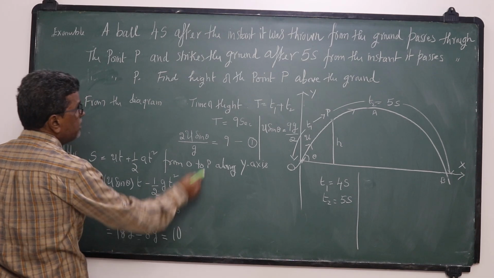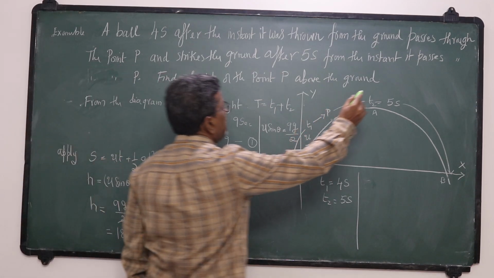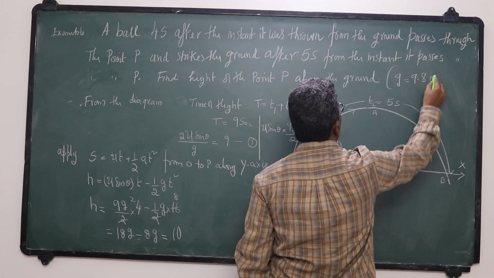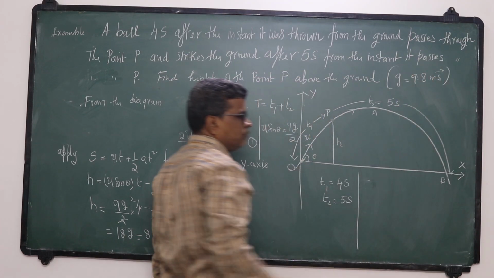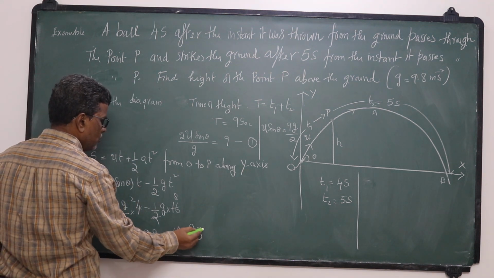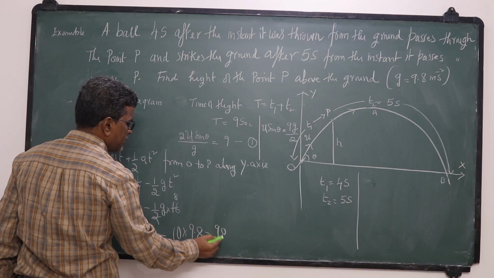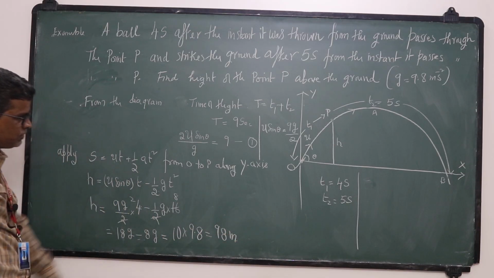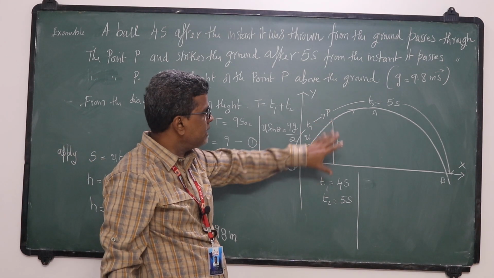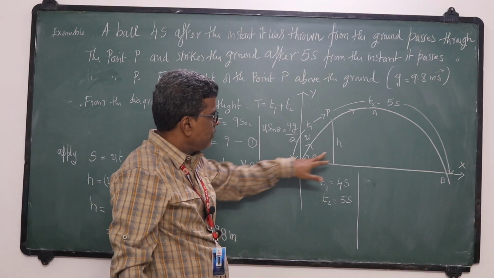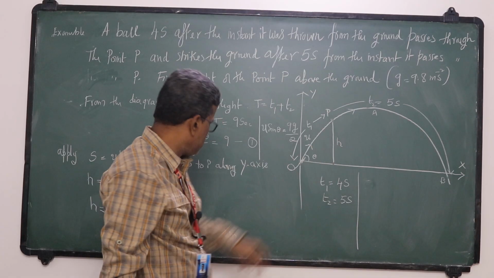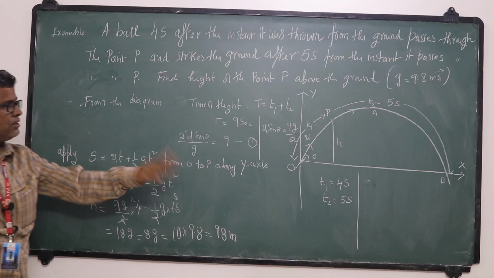Given g is 9.8 meters per second square, 10 into 9.8 gives 98 meters. So this is the solution for this problem. Point P is at a height of 98 meters from the ground.